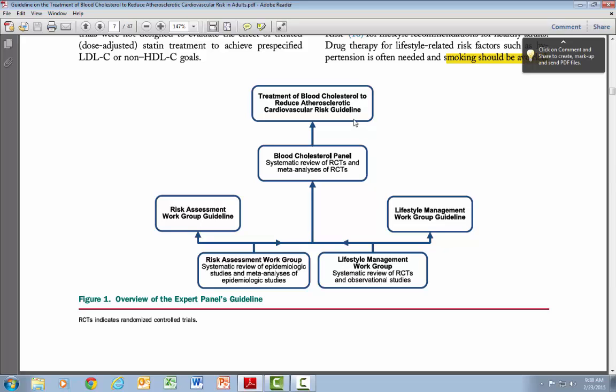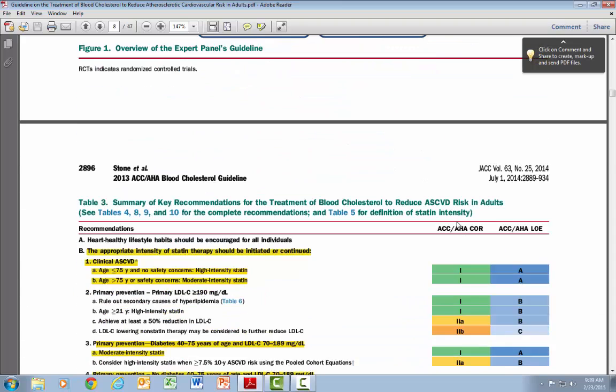Again, the guideline says to approach the blood cholesterol panel by risk factors. Okay, so are you in a primary or secondary group? Are you in the CAD or CAD equivalent group? Are you a diabetic, or are you that patient that is in CKD on hemodialysis? Continue to approach lifestyle modifications.